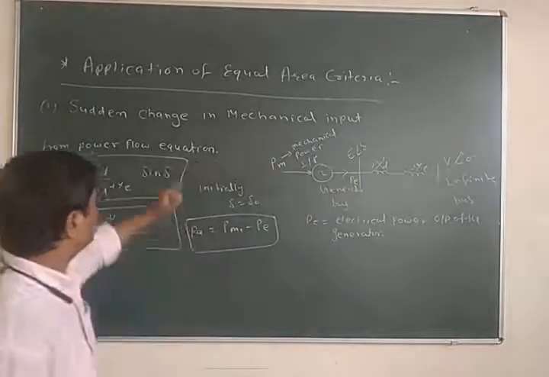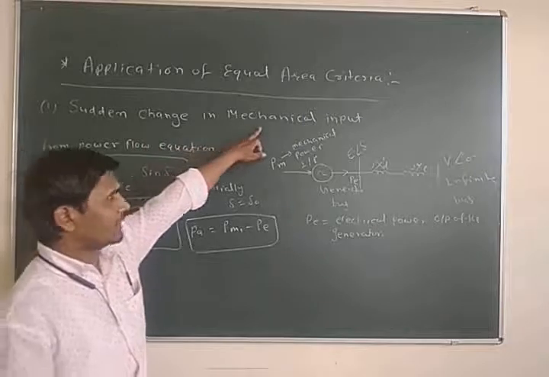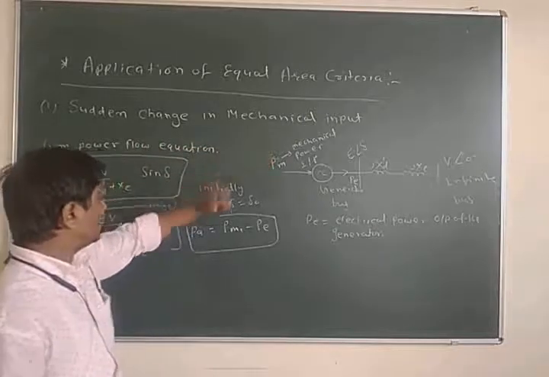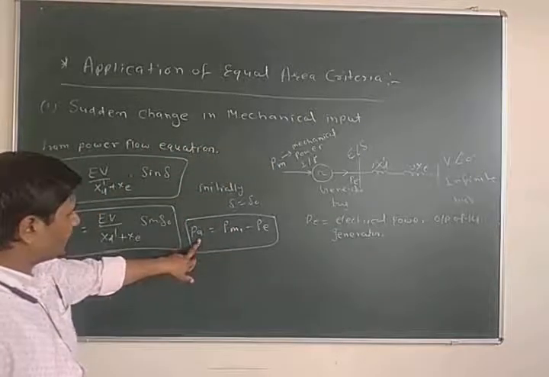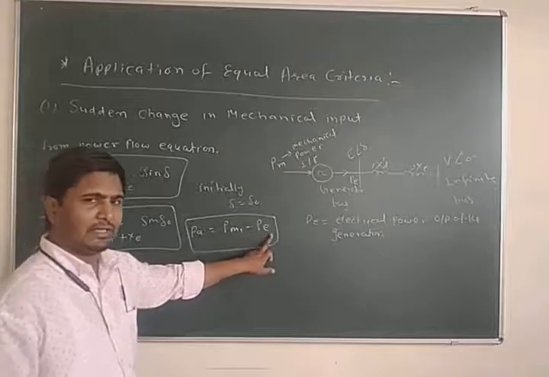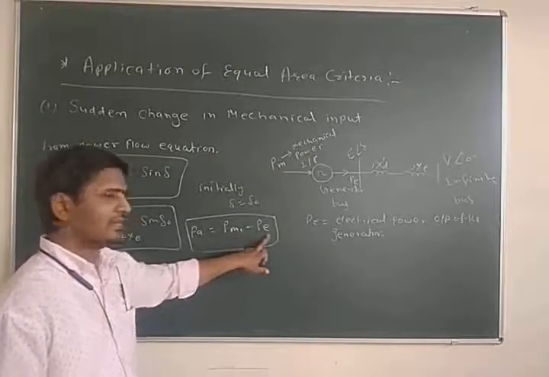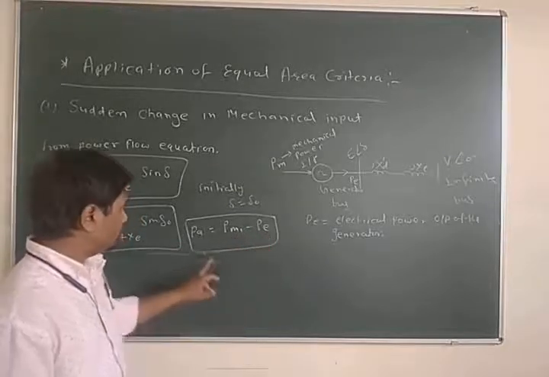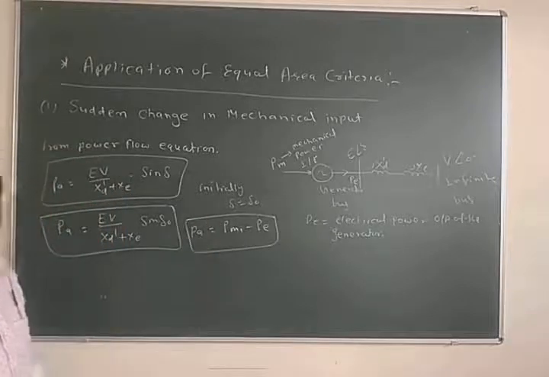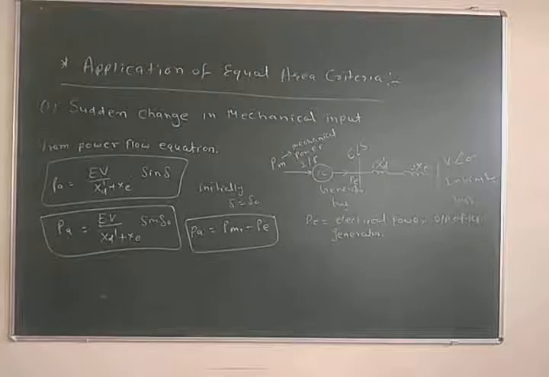But when there is a change in mechanical input to the generator, the accelerating power will be Pm1 minus Pe, due to which there will also be a change in rotor angle, that we consider as delta 1. Due to the change in speed, the rotor angle delta 1 is continuously increasing.